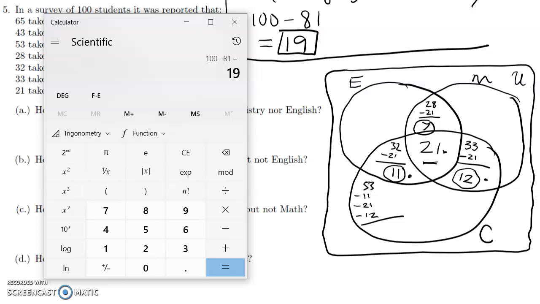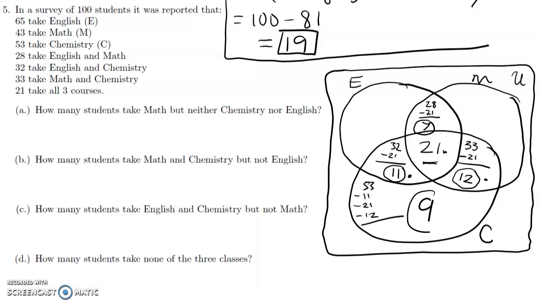We need to take away the 11, the 21, and the 12 that we've already counted. So we're only left with 9 people who take chemistry alone, right? If we add these back up, 9 and 11 and 21 and 12 make a total of 53. But what we've done is we've taken those 53 people and split them into unique regions in the diagram.